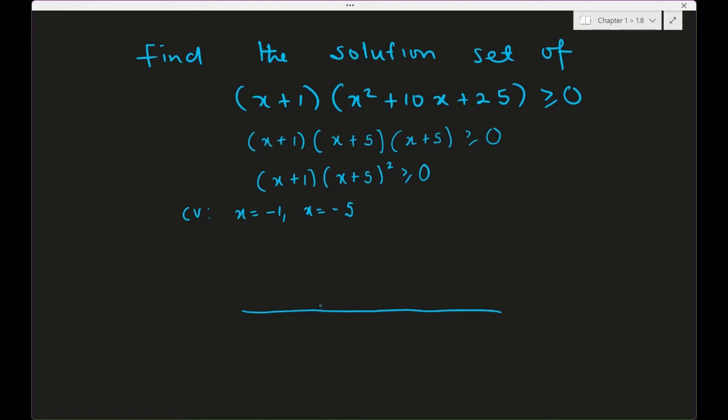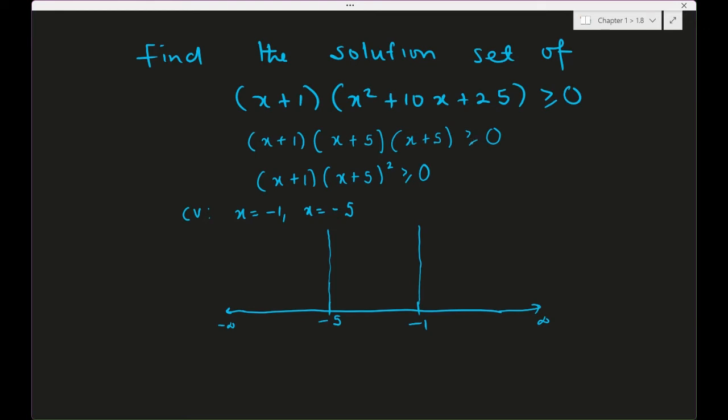So here we arrange from the lowest, which is minus 5, minus 1. These are the critical values. So we'll try to draw a line here.